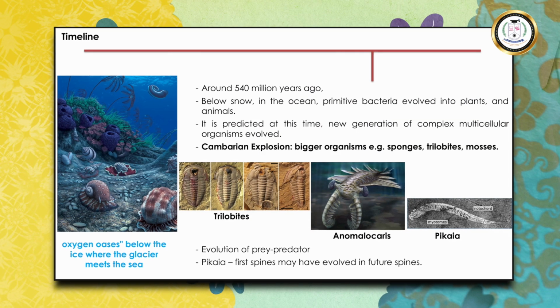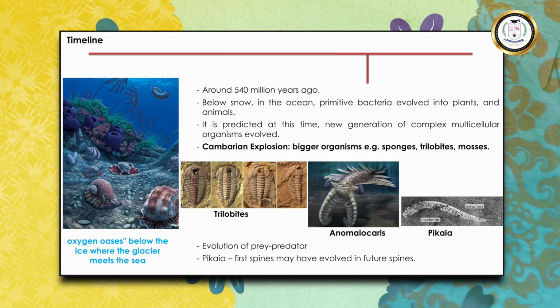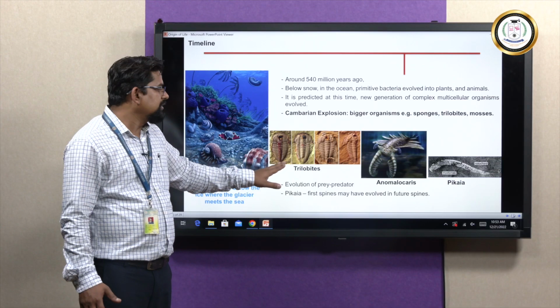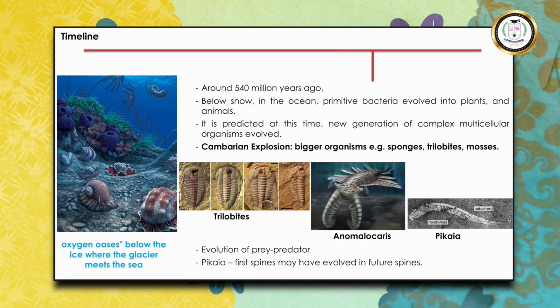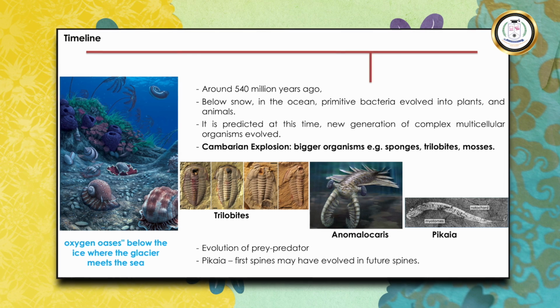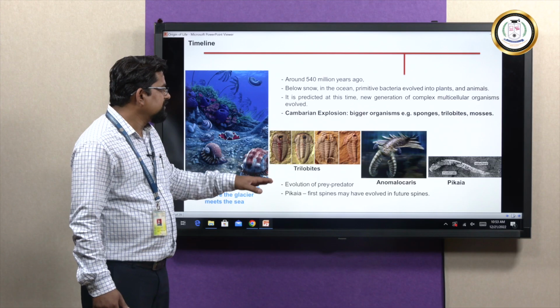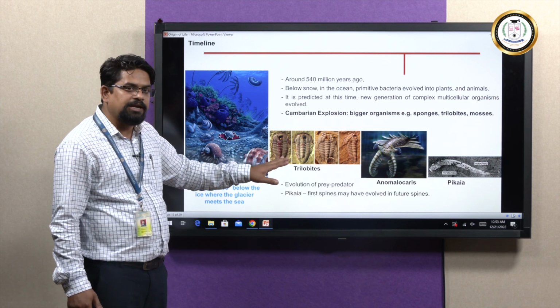We have the fossils which say that close to 540 million years ago we have the fossils for trilobites, which later might have given rise to the crustaceans. We do have Anomalocaris, which is thought to prey on the trilobites. So basically, the evolution of the prey-predator relationship might have originated somewhere at that time.